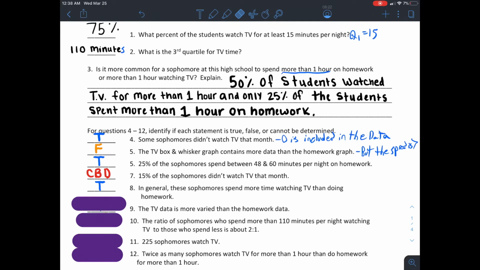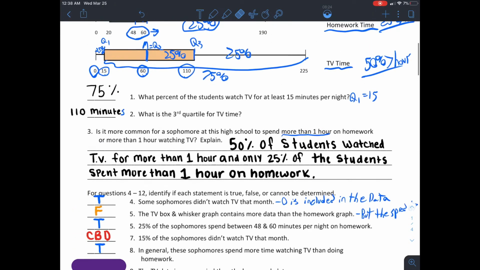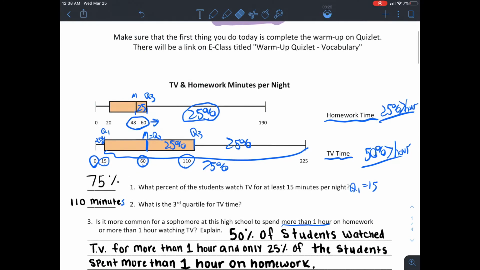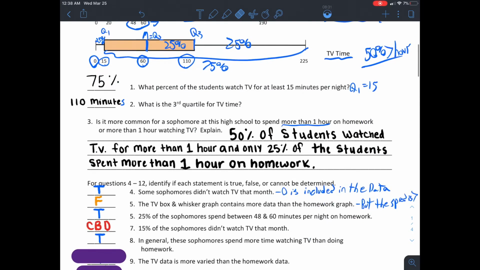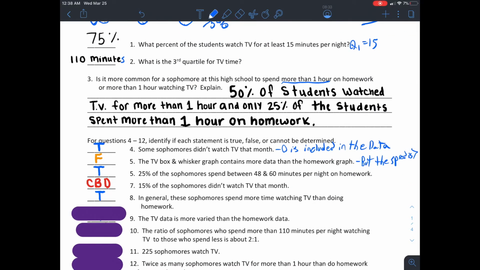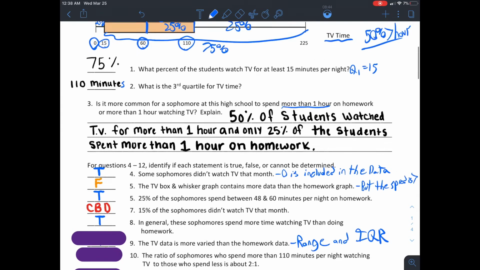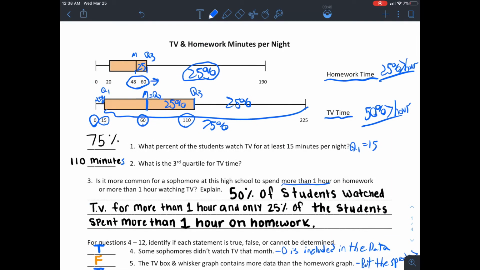Number 9, the TV data is more varied than the homework data. When we're talking about variability, we're talking about range and interquartile range. If you remember, our IQR is represented in a box plot by the box itself.